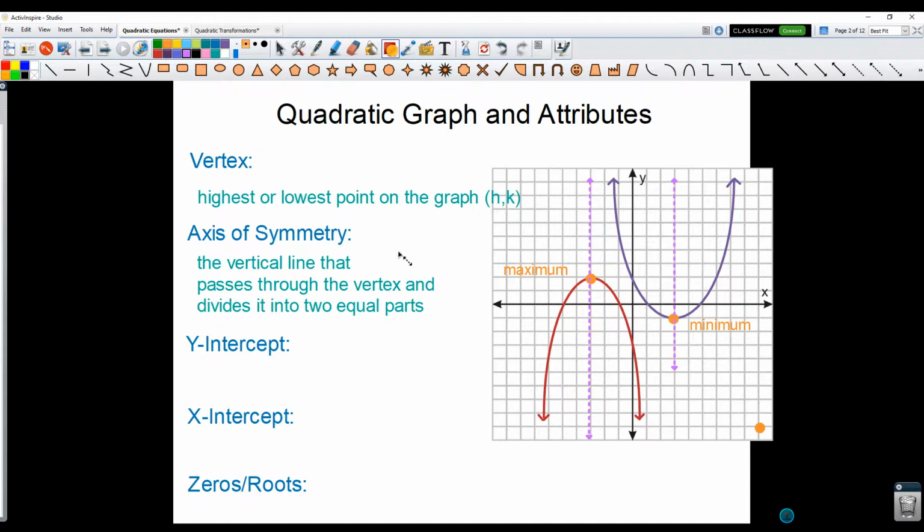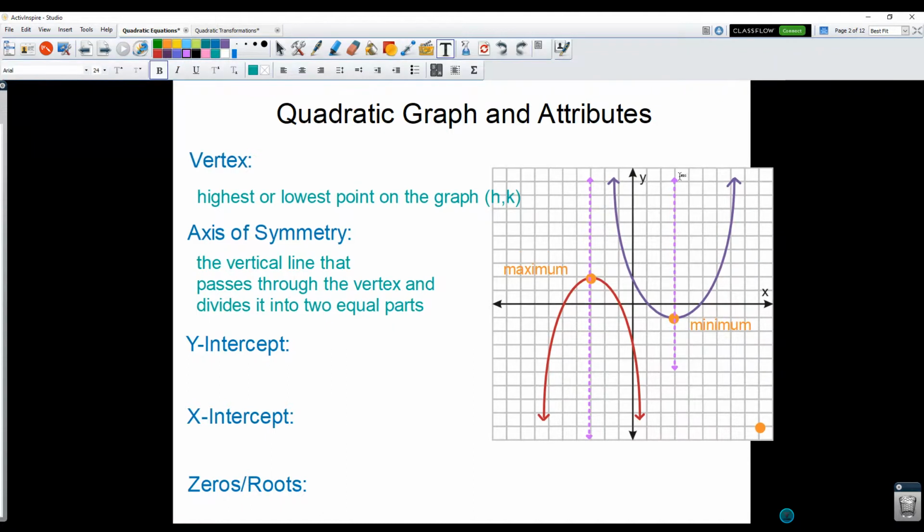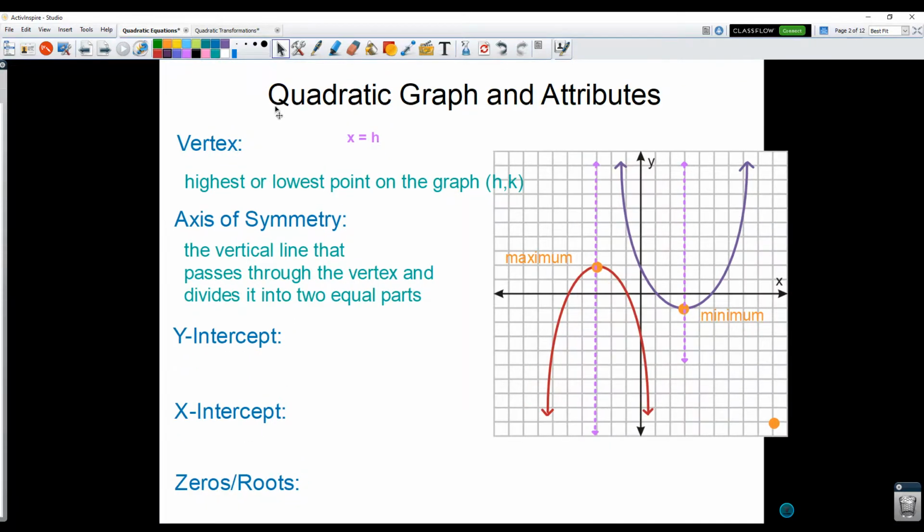Now, when you're talking about this, what would the equation of this line be? We would write the equation of this line as x equals h. So this is your (h, k), and it's going to be the x value.